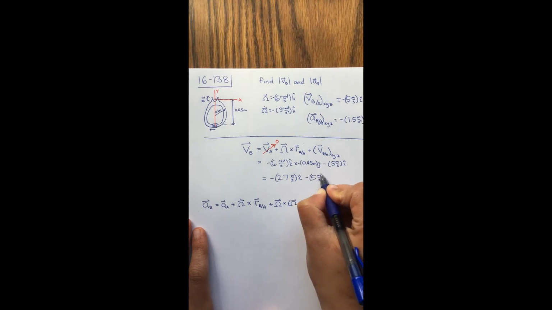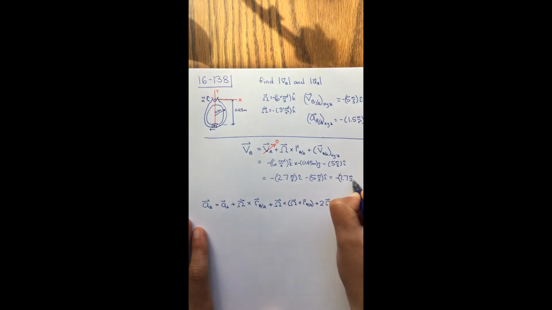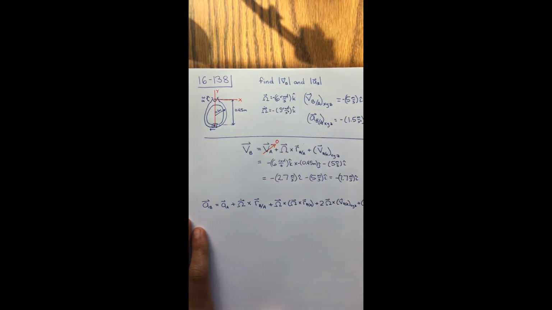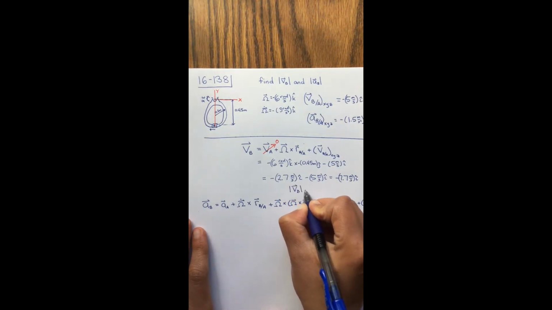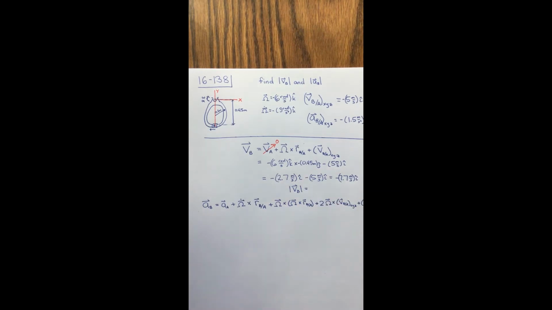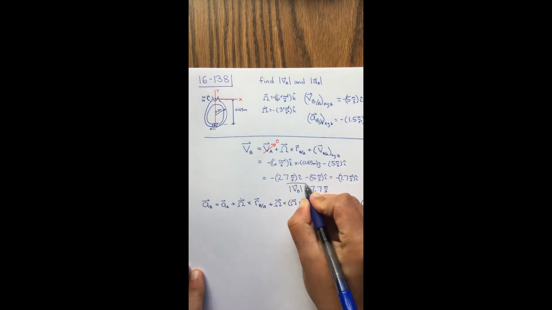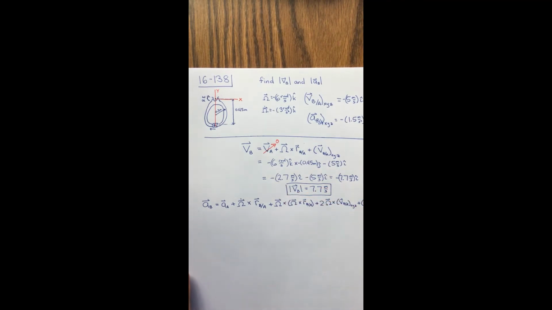And both these components are in the i hat direction, so that is negative 7.7 meters per second in the i hat direction, but they asked me for the magnitude. And so the magnitude of the velocity is just 7.7 meters per second, and that is our answer for the velocity.